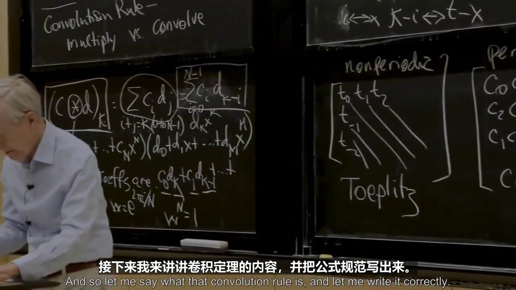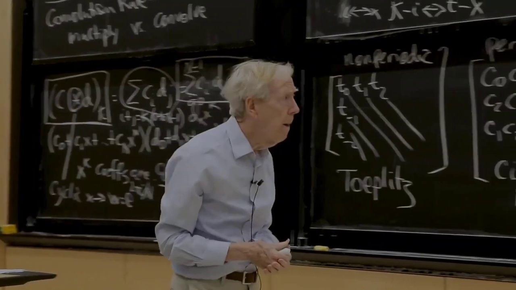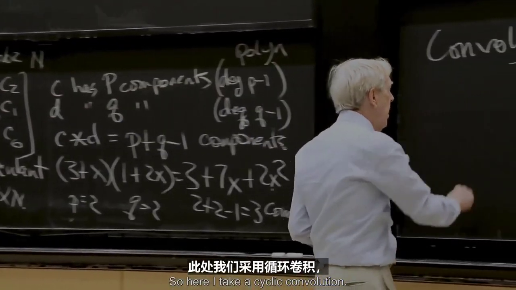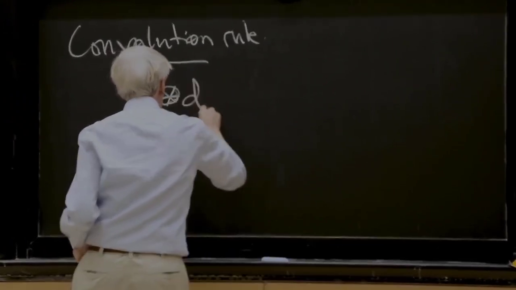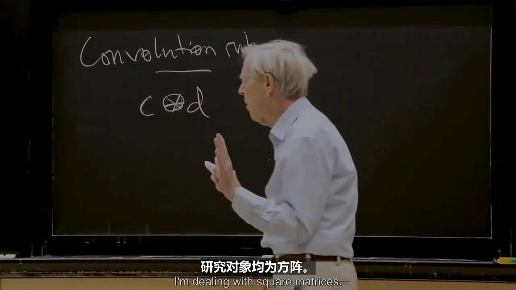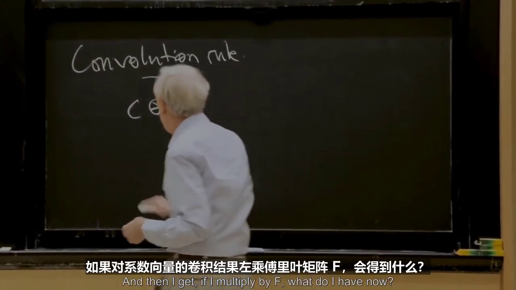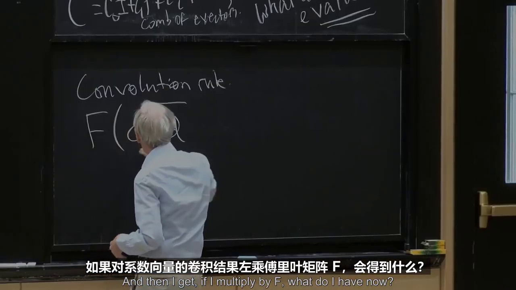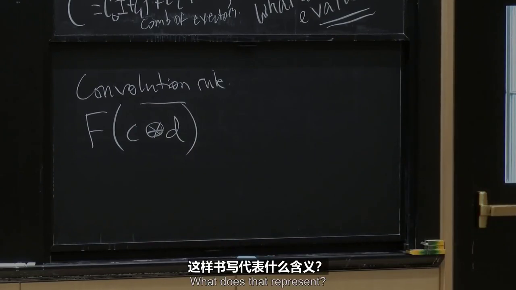Here I take a cyclic convolution. I'm dealing with square matrices. Everything is cyclic here. And then if I multiply by F, what do I have now? What does that represent? This was C and D, and I convolved them.